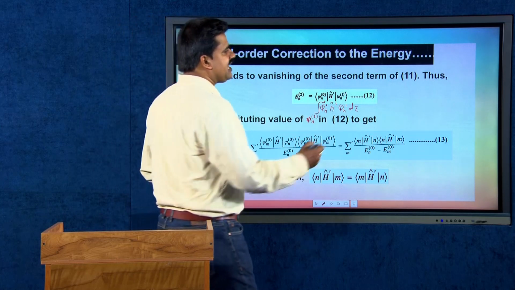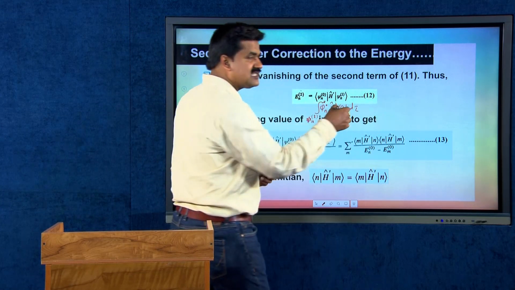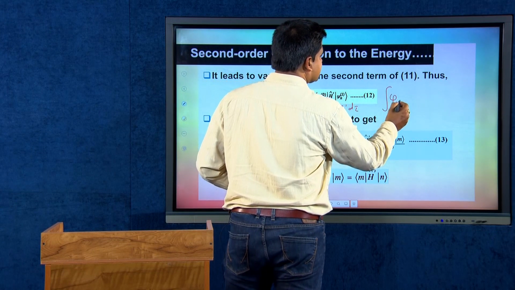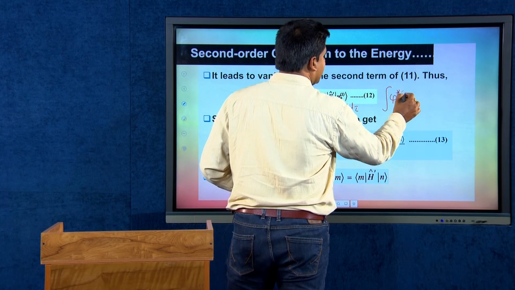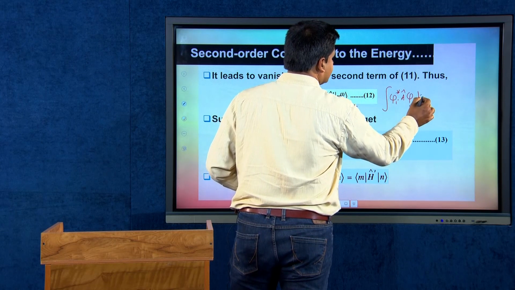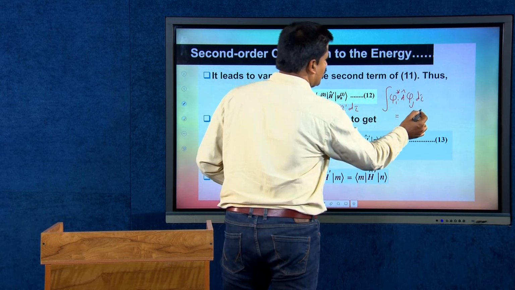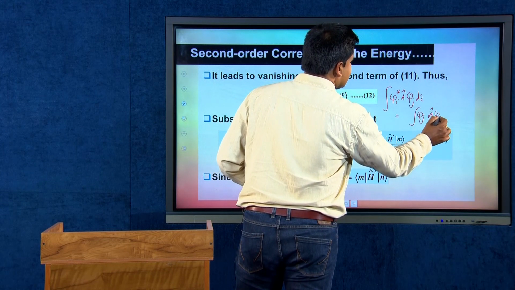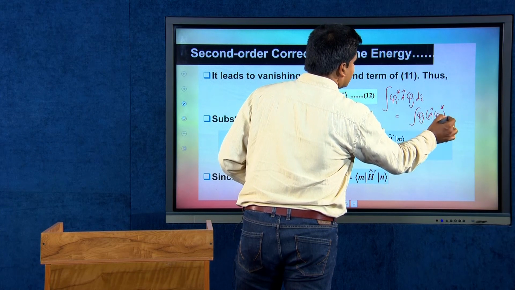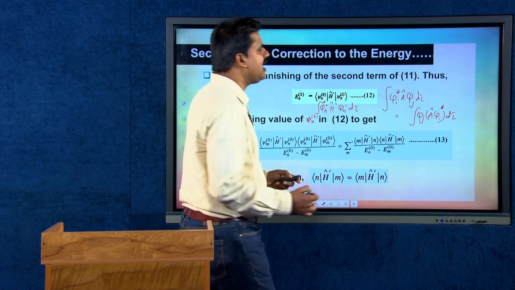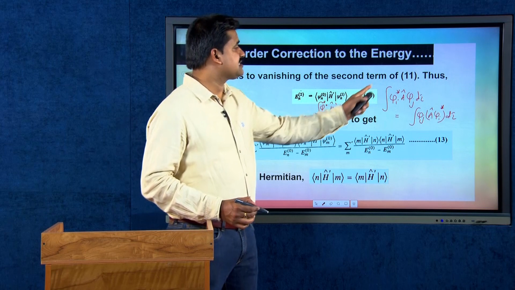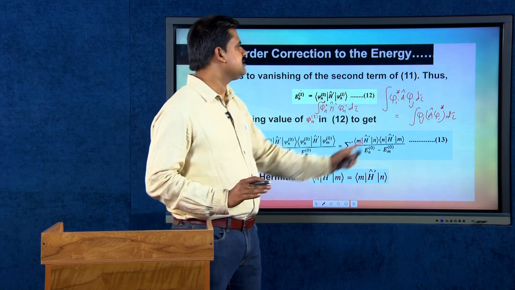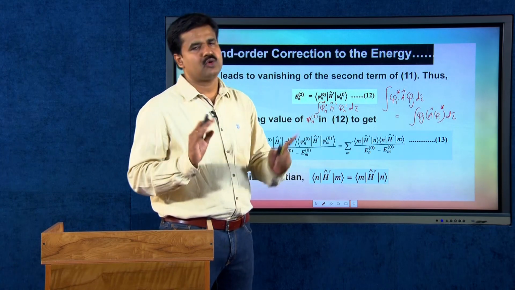An operator A hat is said to be Hermitian if it satisfies a mathematical condition: integral psi i star A hat psi j d tau must be equal to integral psi j star A hat psi i the whole star d tau. If an operator A hat satisfies this, then A hat is a Hermitian operator.